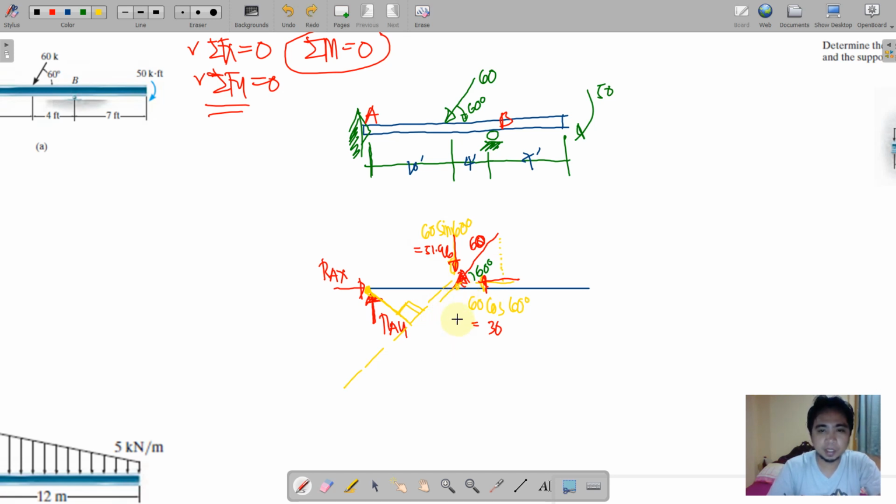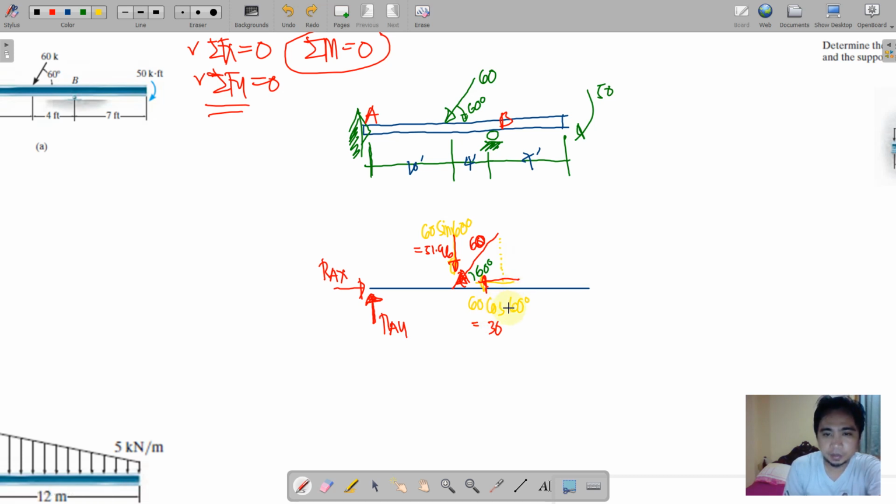Kaya, kino-convert po natin yung distansya or yung ating component in order to come up with a good presentation in order to come up with the distances or the perpendicular distances in order to apply the moment principle. Okay, so tapos na tayo dito.